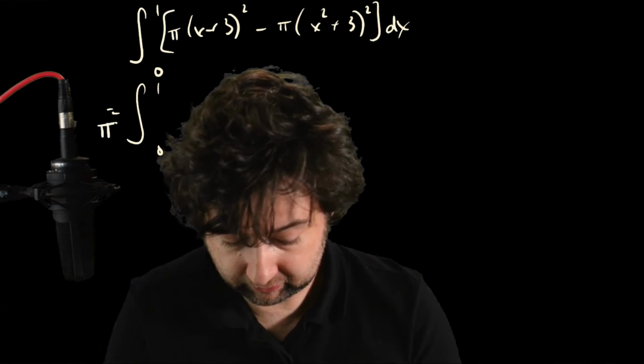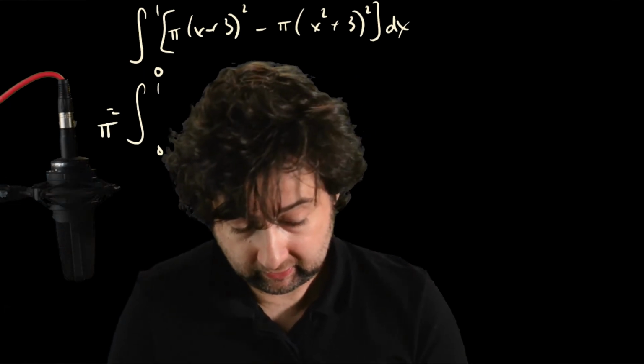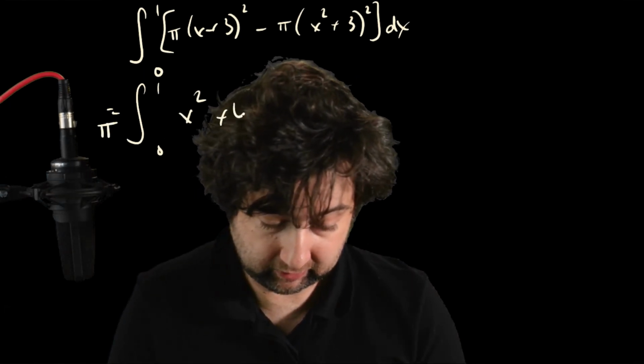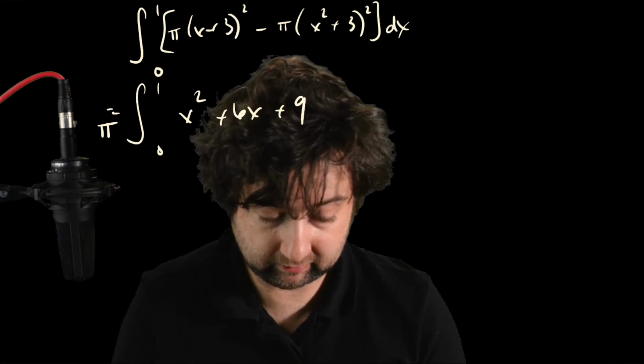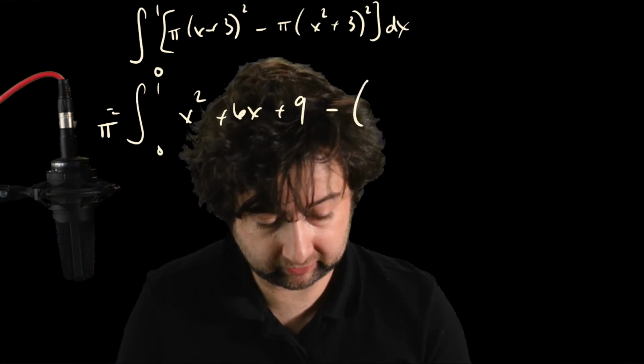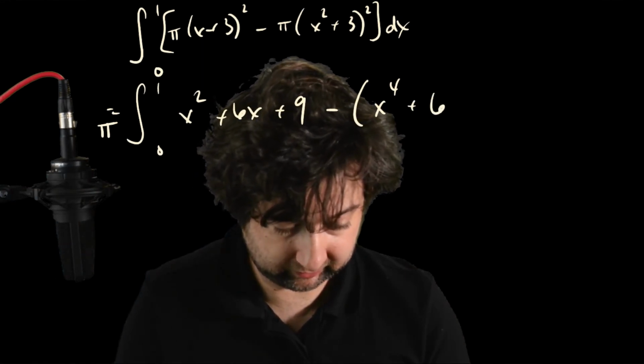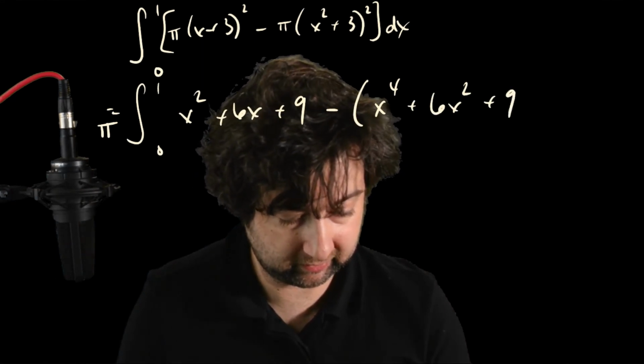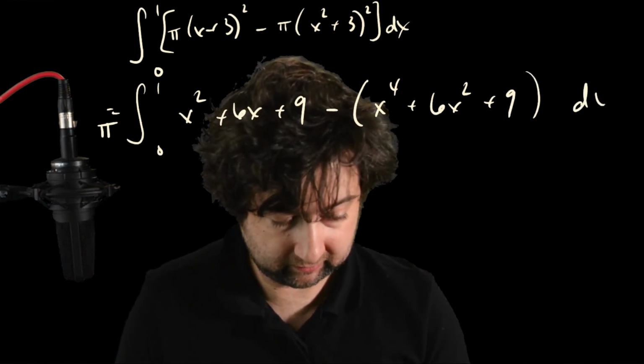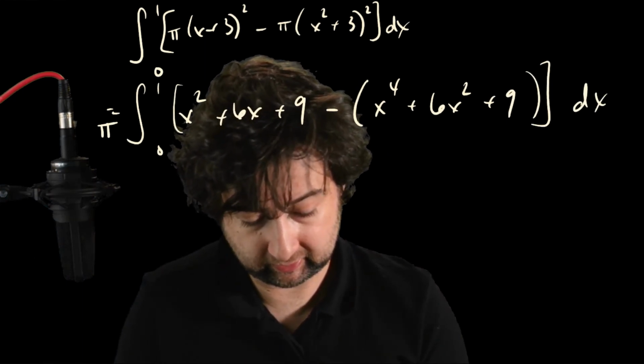So this is going to be the integral from 0 to 1. Since both terms have a pi, we can pull the pi out. (x plus 3) squared is x squared plus 6x plus 9. Then we subtract off x to the 4th plus 6x squared plus 9, and all of that has a dx on the outside.